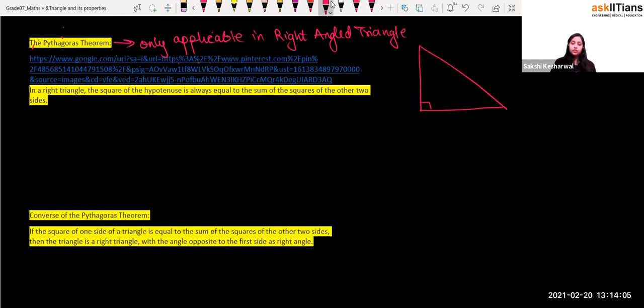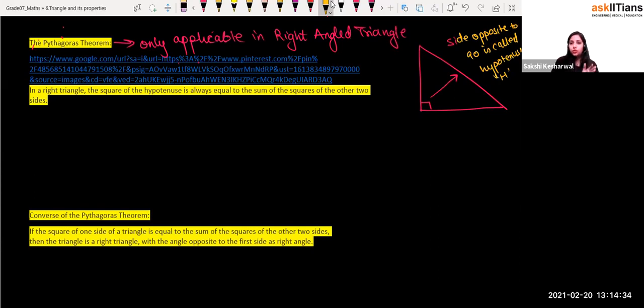Now, in a right angle triangle, what is the first thing that you should know? The side opposite to the 90 degree angle is called the hypotenuse, and it's generally denoted by a small h, right?